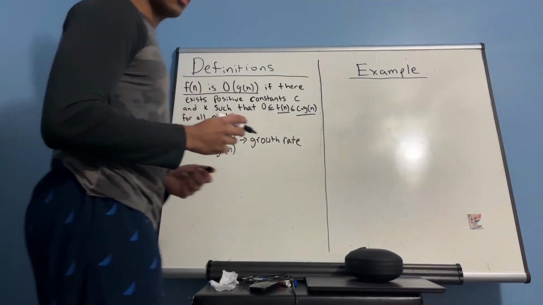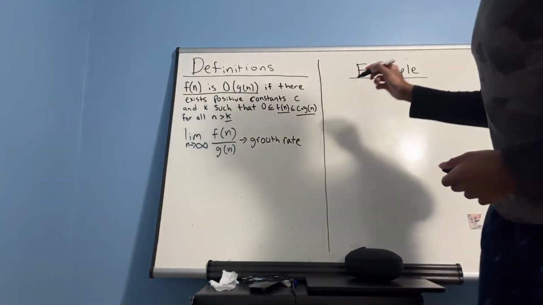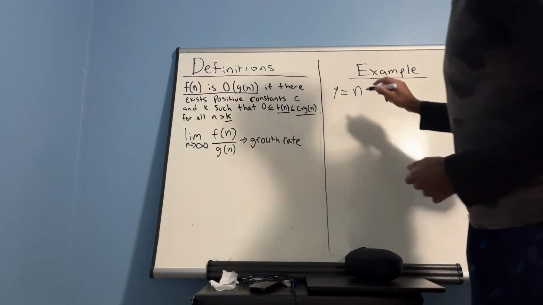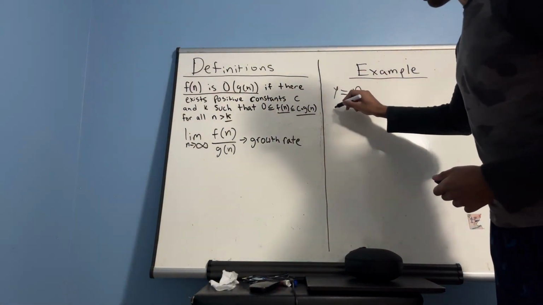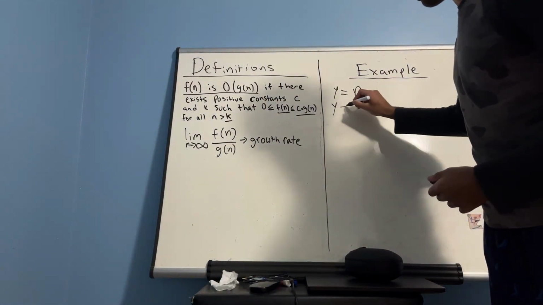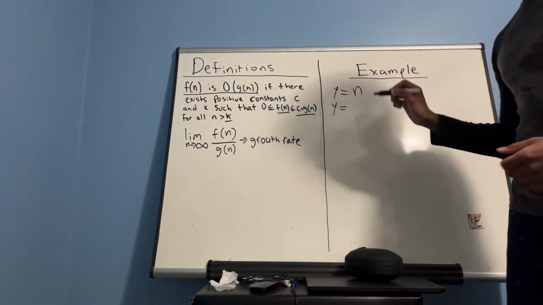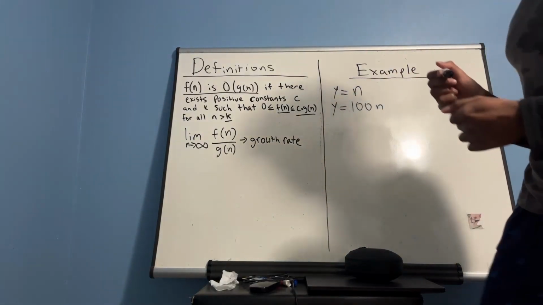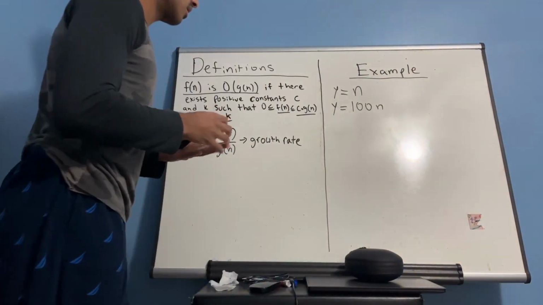So say, for example, one of our functions is y equals n, instead of x I'll call it n, and then the other function is just n times a constant factor. I'll say it's 100, so it equals 100n.